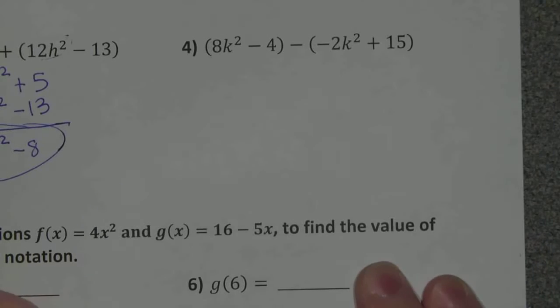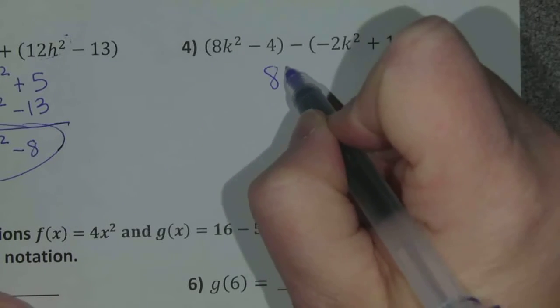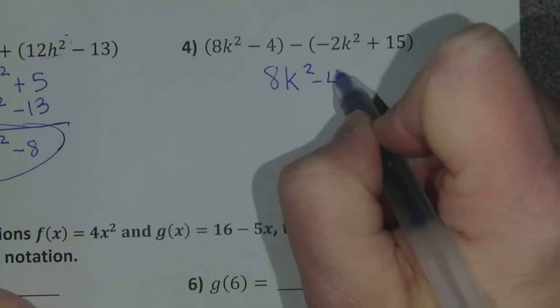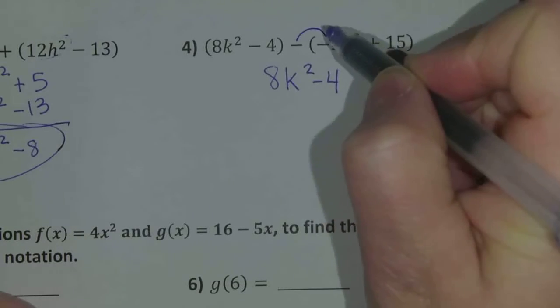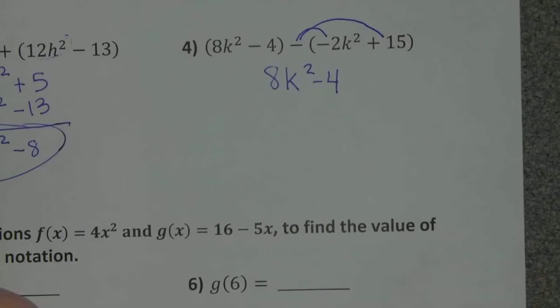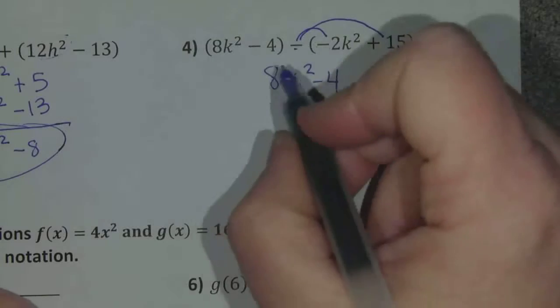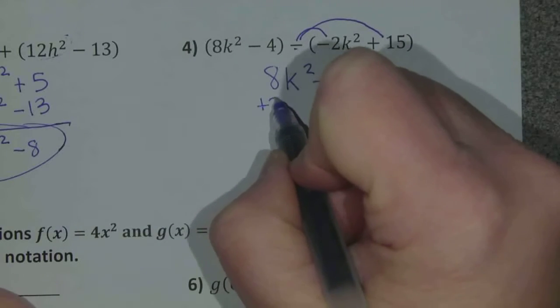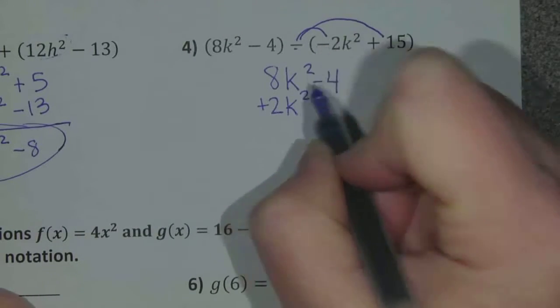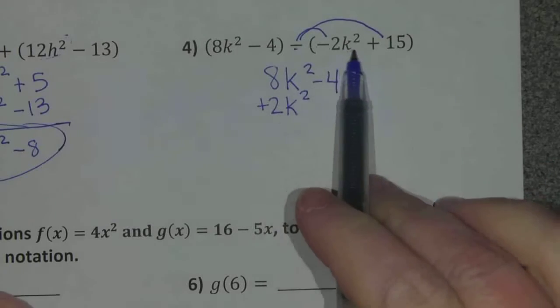On this next one, we're going to do the exact same thing. I like to write them so I can stack them. So again, I'm going to rewrite this first one. On this second one, though, in order to subtract that, I need to take the negative through to both parts of that. So I'm going to go a negative 2k squared, which makes that a positive 2k squared. I said x just a minute ago, but I meant k.